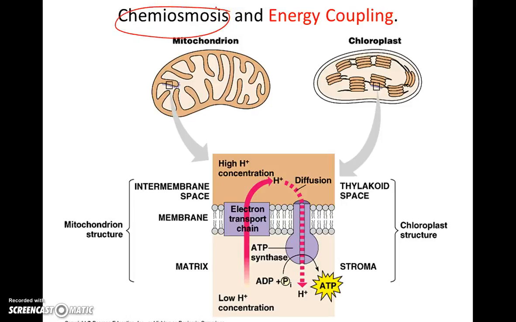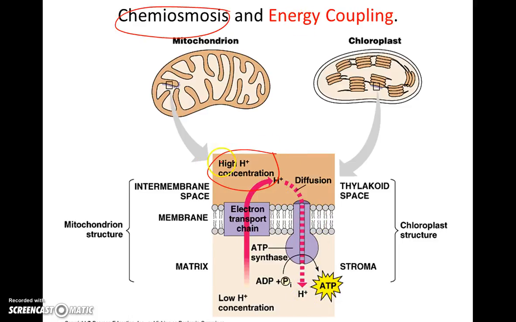Chemiosmosis is when you kind of make that potential energy by stacking protons, for instance, on one side of the membrane, making them want to move through the other side. So you're making a high concentration of something. In this case, it's going to be hydrogen ions. And that's going to set up this potential energy, this kind of battery-like thing where it's going to want to move to the other side of the membrane. Okay? And it's energy coupling.